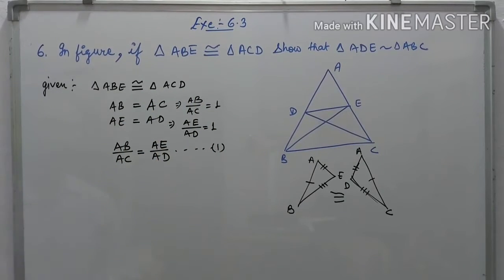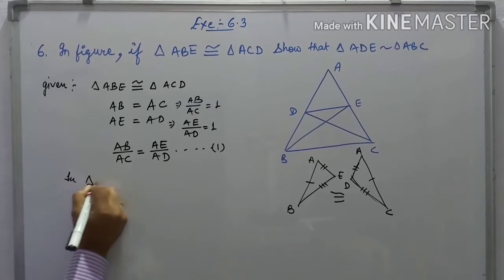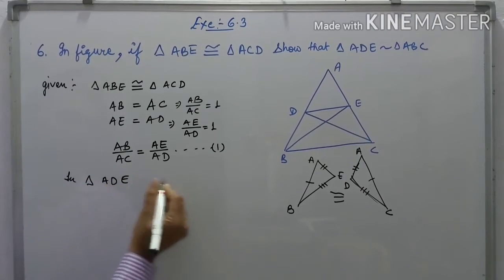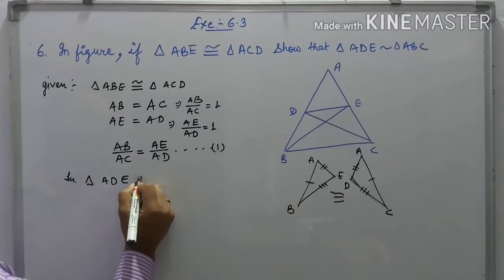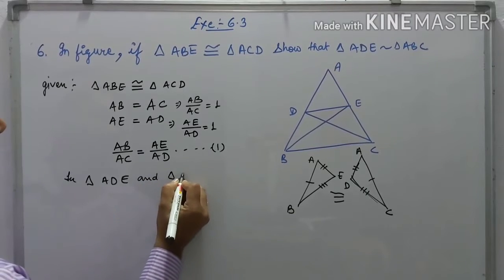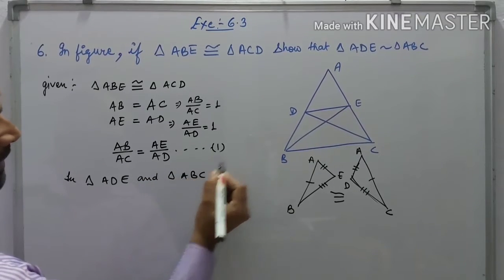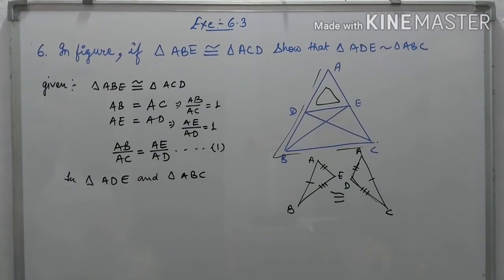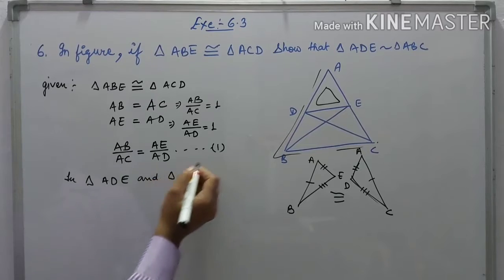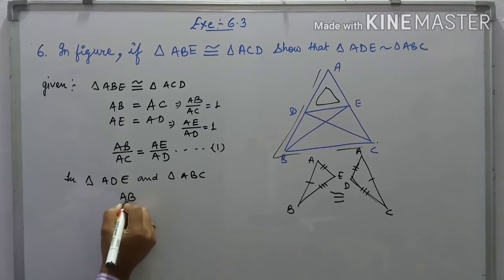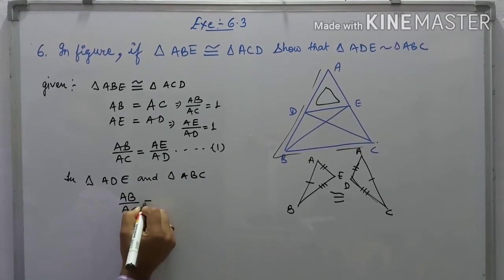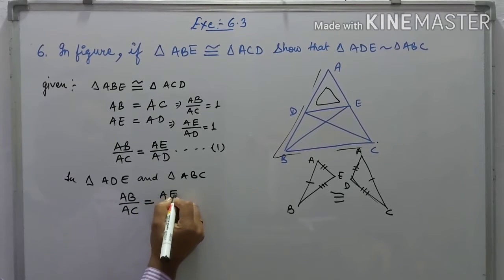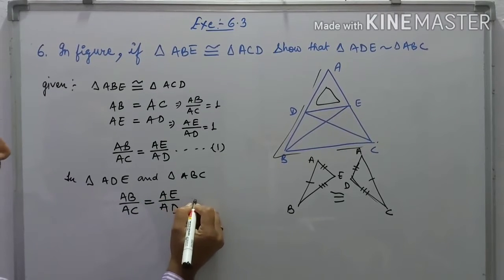Now the other two triangles are ADE, the small triangle, and triangle ABC, the big triangle. Here, according to equation 1, AB upon AC is equal to AE upon AD.